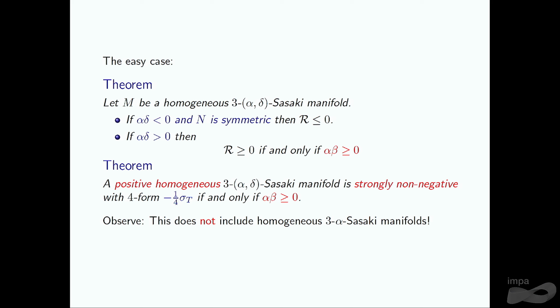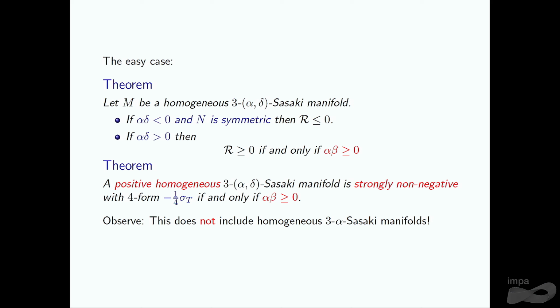Symmetric, well, we need a lot of information. In the homogeneous case, we have more curvature information than in the general case. That's why homogeneous is of importance here. And if alpha times delta is positive, then R is non-negative if and only if alpha times beta is non-negative.